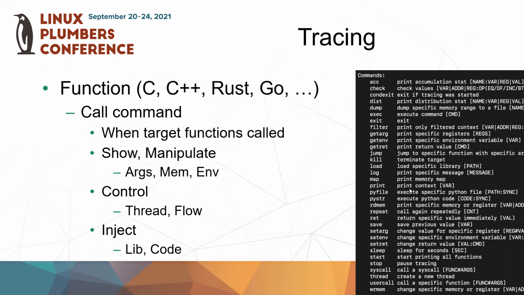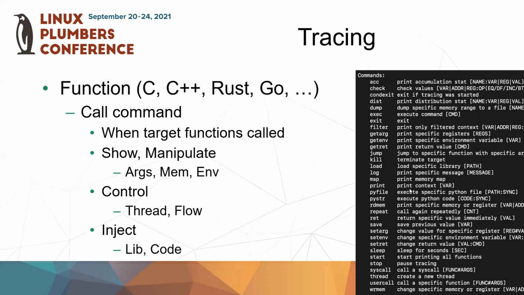First one is execute. It executes an external command when the function is called. Next one is filter. Print context only if specific conditions are met. Get arg. Print a specific argument value. Set arg.